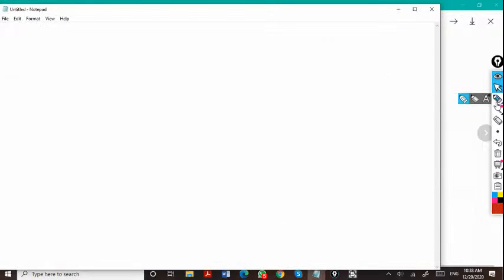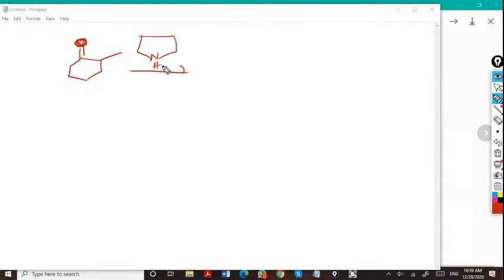Yesterday we discussed the Stork enamine reaction with the regioselectivity. Means when there is a methyl group at the alpha position, let's say a carbonyl with a methyl group at alpha position, and it is treated with pyrrolidine, it is going to give the enamine which is less stable.